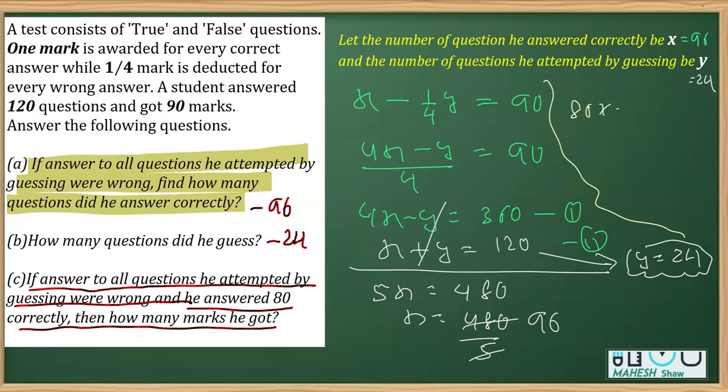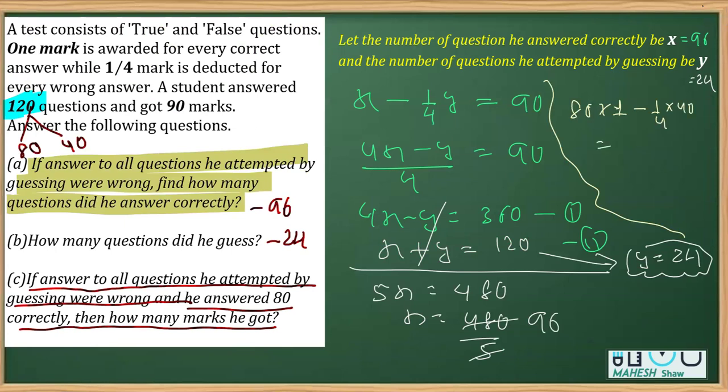But marks will be deducted for the remaining. He had altogether 120 questions, and he answered 80 of them correctly. That means the remaining 40 he answered incorrectly. So we'll subtract 1/4 mark for each of the 40 questions.